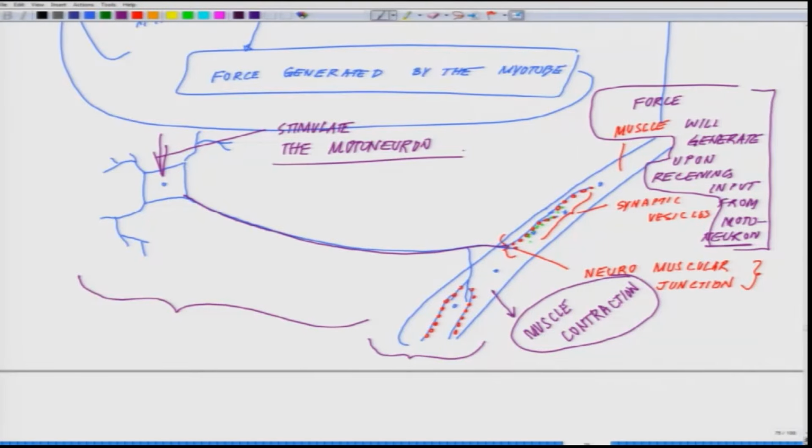So, there are two problems here, and let us write down the problems.